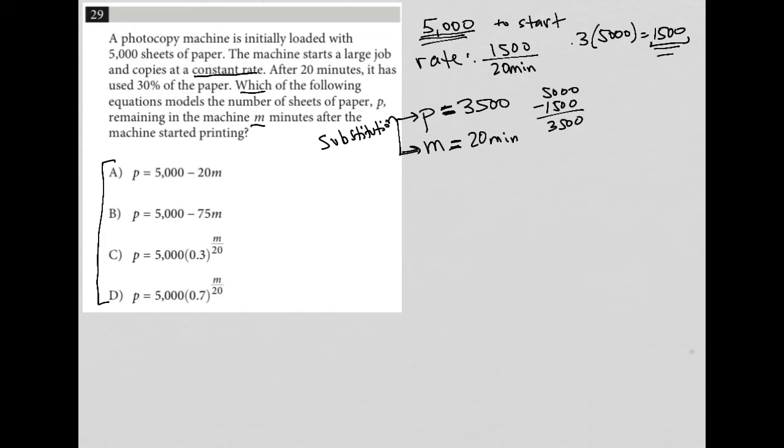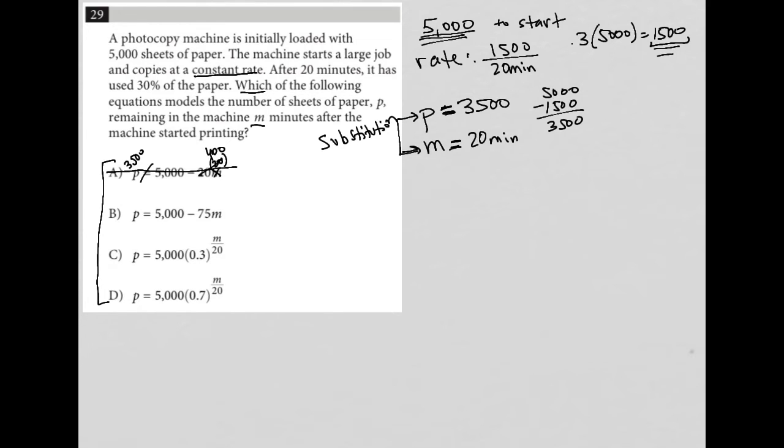I'm literally going to plug in these values and see which of the answer choices gets what I'm looking for. So if P is 3,500, is it true that 3,500 equals 5,000 minus 20 times 20, because M is 20? Well, 20 times 20 is 400. 5,000 minus 400 does not equal 3,500, so choice A is gone.